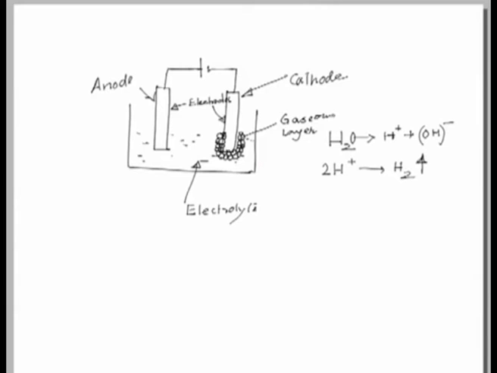So, there are different methods developed for this, in which these gaseous layers can be removed continuously or to some extent effectively, so that the performance of the ECM cell increases.